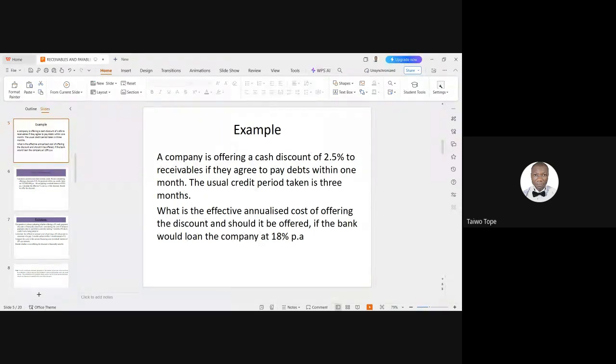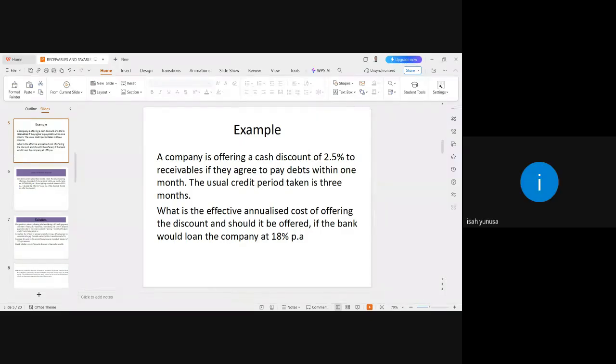And how many months do you have in a year? 12 months. So if you have 12 months in a year and you are saving 2 months for every 3 months, how many months will you save? 6 months.